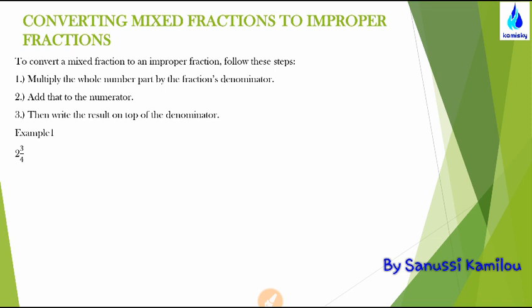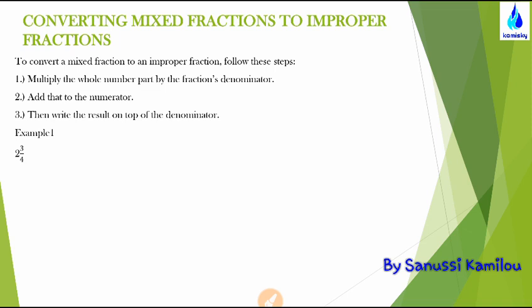Number 2, add the result, what you have gotten, to the numerator. Number 3, then write the result on top of the denominator. So here we are not touching the denominator. The denominator remains the denominator. The denominator of the fraction remains our denominator of the final answer.